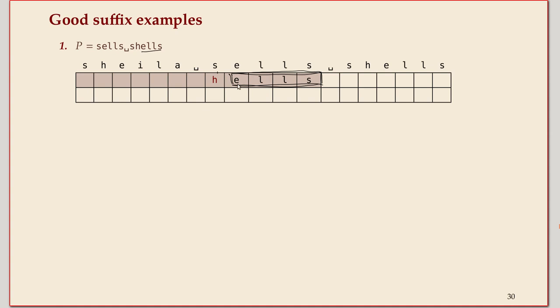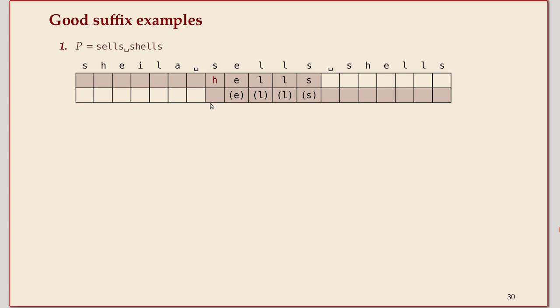Because any match has to have the same characters in these positions. So it only makes sense to try shifts that align other pattern characters with these matched characters. OK, so in this example, we do find the match here. So we would shift the pattern like this.